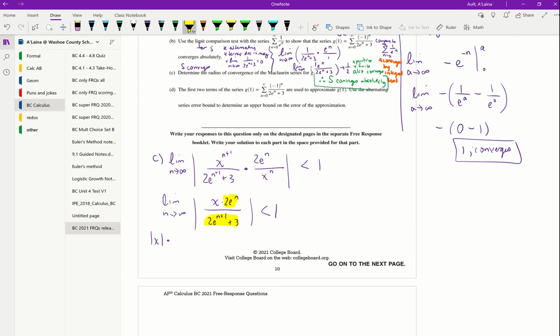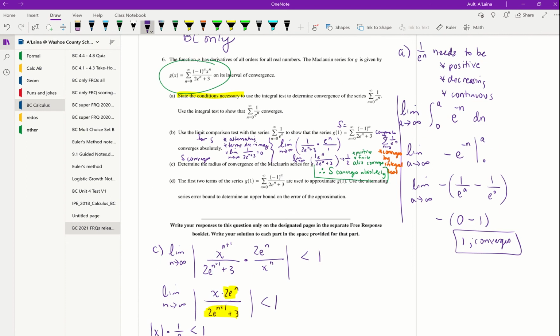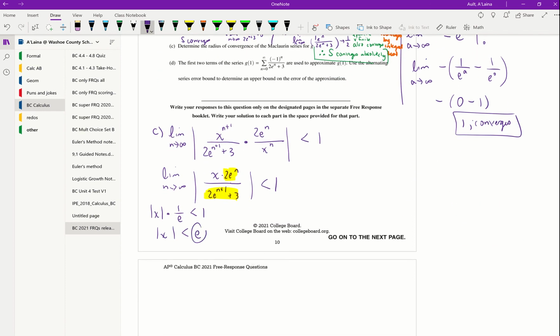It goes away as we approach infinity. But you see I have one more e to the n on the denominator? If I reduce 2e to the n over 2e to the n plus 1, the 2's cancel out, and I have 1 over e. So the absolute value of x is then less than e. Now, they didn't want the interval. They just wanted the radius. So the radius is e. Remember, this is a Maclaurin one, so it's centered at 0.